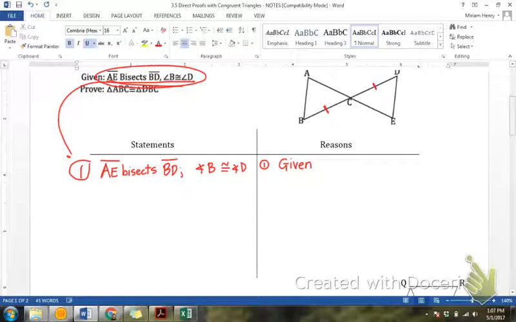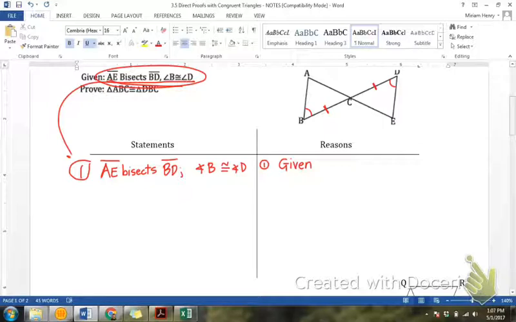Would you guys agree with that? That's what it means to cut in half, right? And then it tells me that angle B is congruent to angle D. So let's mark that. Angle B is congruent to angle D. And we draw these arc marks to represent that angles are congruent.